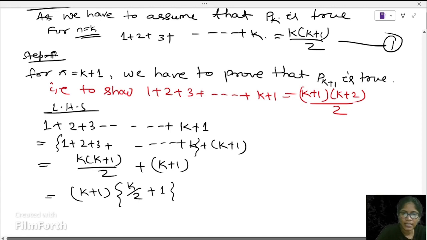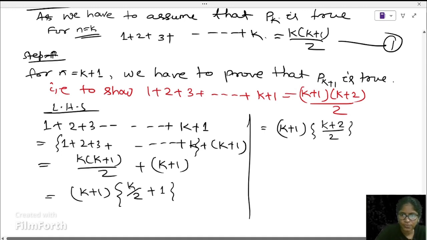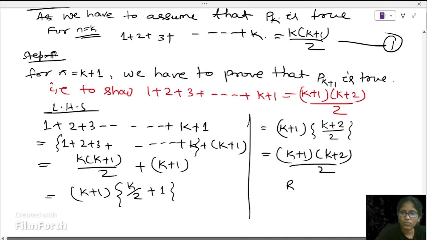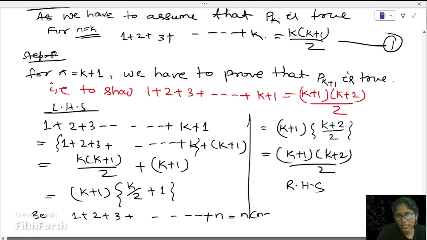Now simplifying this, taking 2 as LCM, we have k plus 1 into k plus 2 by 2, which equals the right hand side. So we have 1 plus 2 plus 3 plus up to n is equal to n into n plus 1 by 2 for all n greater than or equal to 1. This is proved by method of induction.